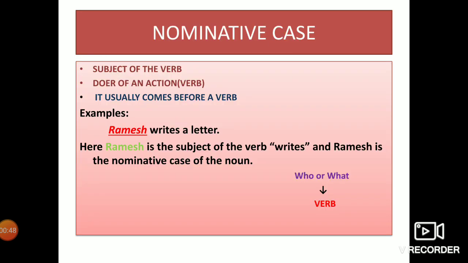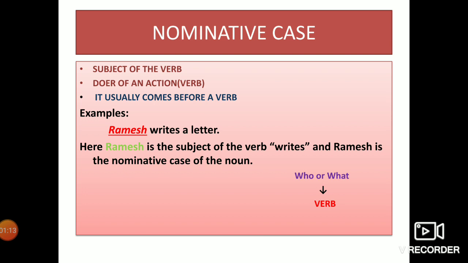First is nominative case. Nominative case is also known as subjective case. When a noun or pronoun acts as the subject of a verb in a sentence, then that noun or pronoun is known as the nominative case of a noun.